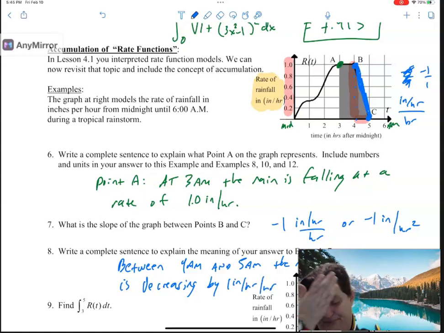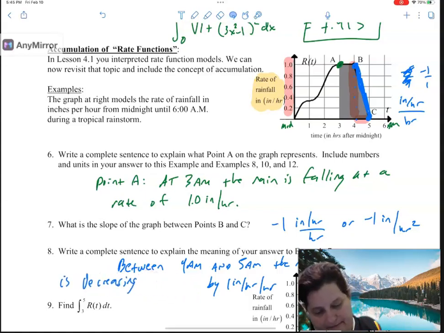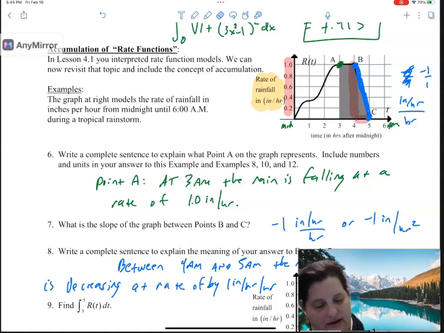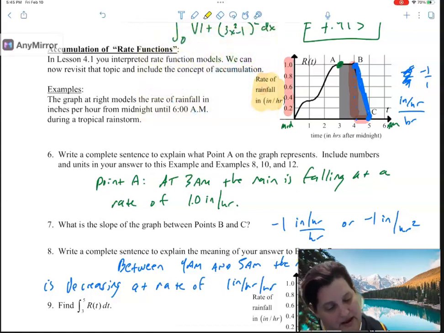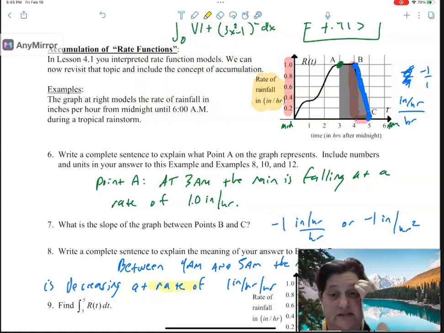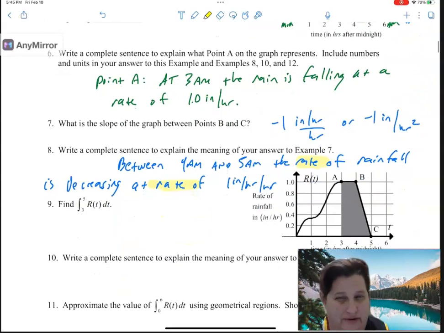Or you could say is increasing, I don't know, I like this, it will explain it a little bit better actually. Is increasing or is decreasing at a rate of, I kind of like that because then, guys, look, you have the rate of rainfall is decreasing at a rate of, so it's a rate of a rate, which is why it's inches per hour squared, which is kind of how we do that.